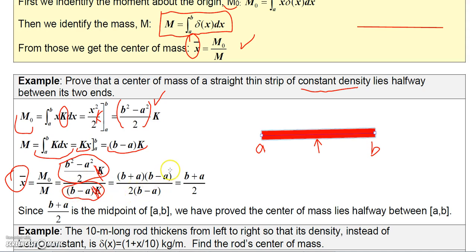Then you can cancel the b minus a's, and you get b plus a over 2, which is half the distance between a and b. So b plus a over 2 is the midpoint of the interval from a to b. So we did it. We showed that the center of mass lies halfway between the two ends.